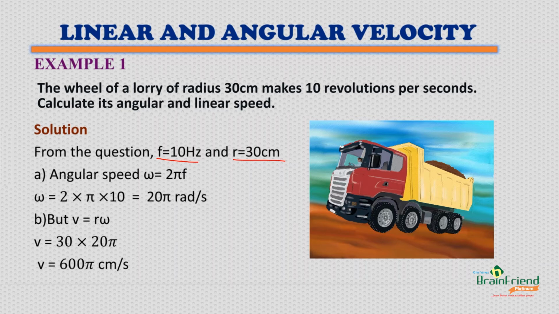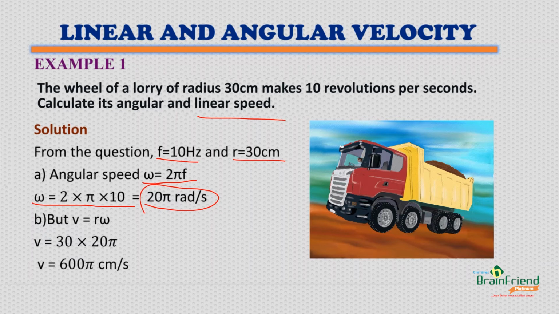What equation relates angular speed with frequency or radius? Of course, it is omega equal to 2 pi f. Substituting 10 for frequency in this formula, we have omega is equal to 2 times pi times 10. This gives us 20 pi radian per second. The next thing we have to solve for is linear speed, and linear speed is denoted by v.